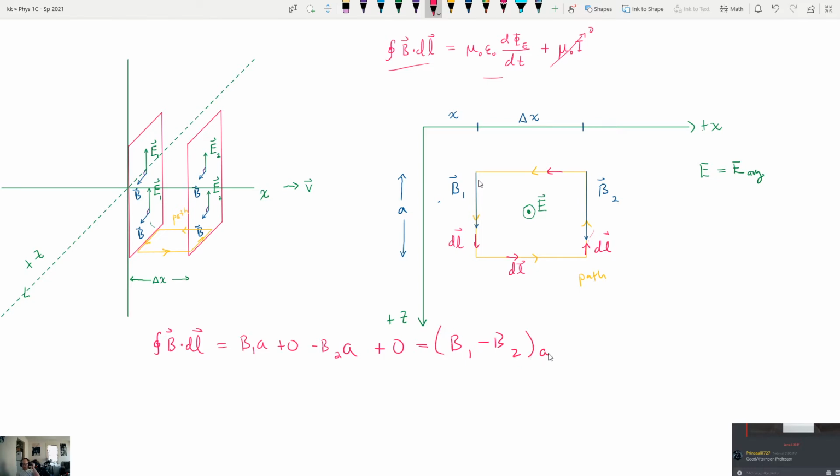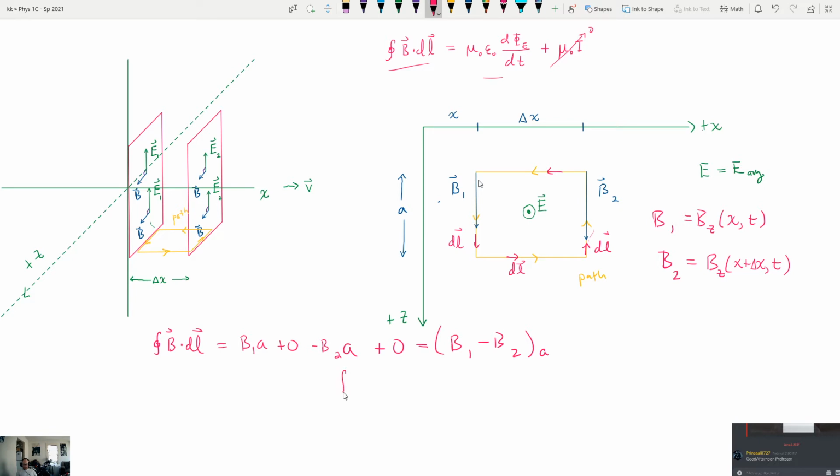Now, the way that we'll rewrite these is to say the following. We're going to call B1 the z component of B at the coordinates x and time t. And we're going to write B2 to be equal to Bz at this point right here, at the coordinate x plus delta x, so we put x plus delta x in here. And we'll plug those into our equation now.